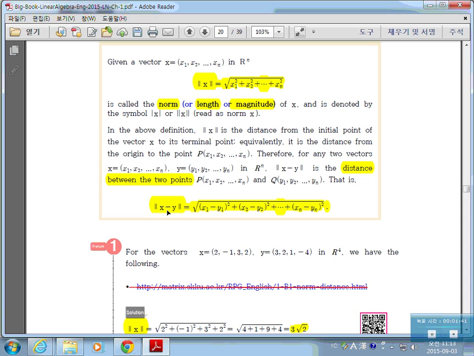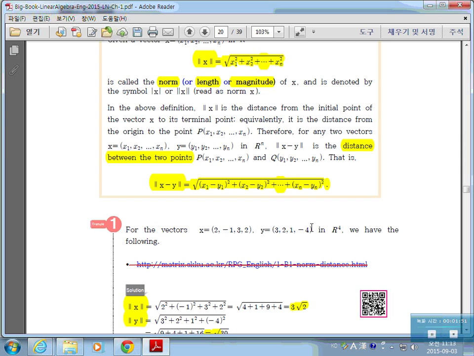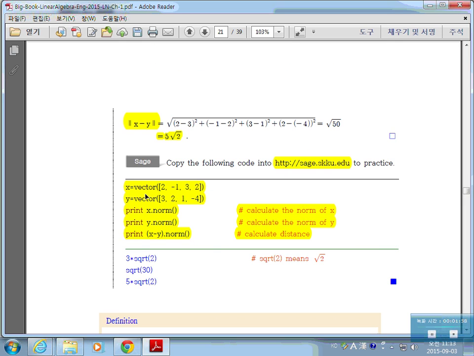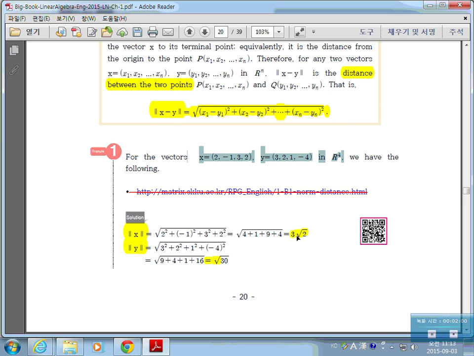The x minus y vector has each component like this, and the norm of that vector is the square root of the sum of the squares of each component. Suppose we have two vectors in R4 like this. Then the norm of x is the square root of 2 squared plus (minus 1) squared plus 3 squared plus 2 squared, which is this.